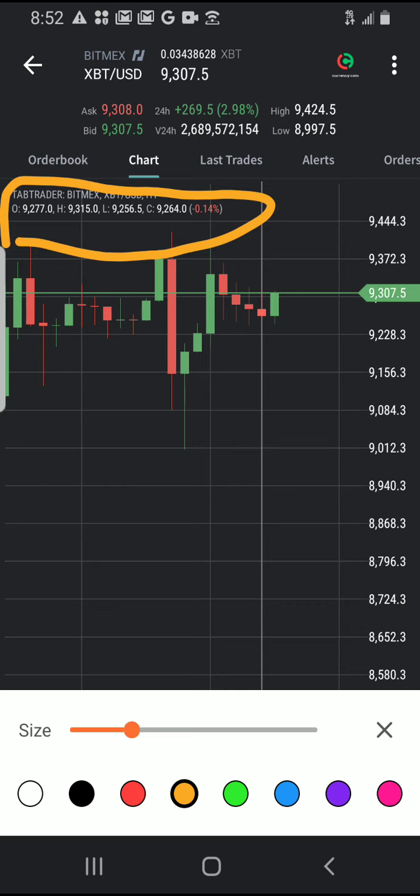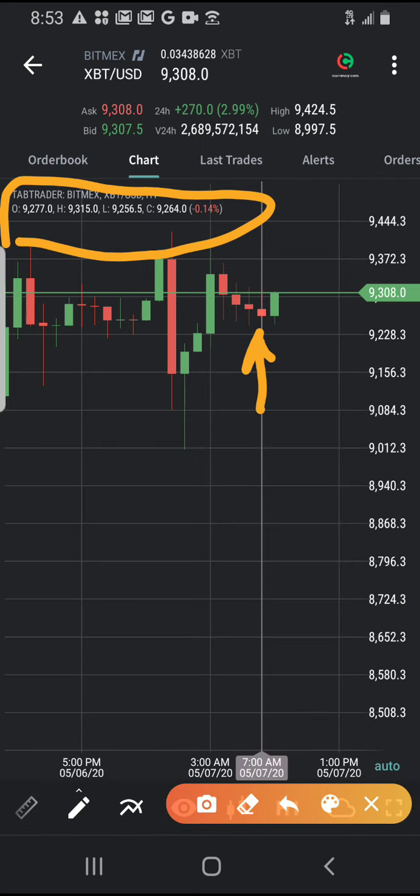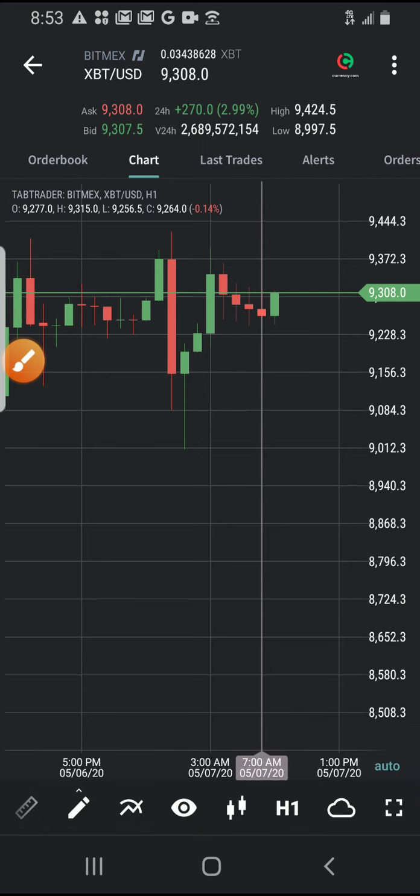That's this candle right here. That's what it's trying to tell you. That's the whole data about this candle, and all this completed within 1 hour.